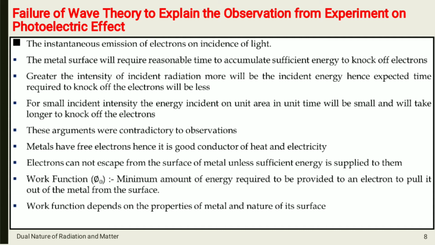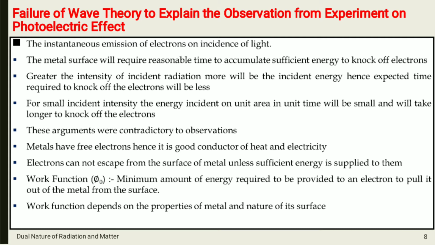The minimum amount of energy required to be provided to an electron to pull it out from the metal surface is called the work function. As we have discussed before, in the photoelectric effect we should incident radiation of some particular frequency, called the threshold frequency. If the frequency is less than the threshold frequency, there will not be any emission of electrons from the metal surface.